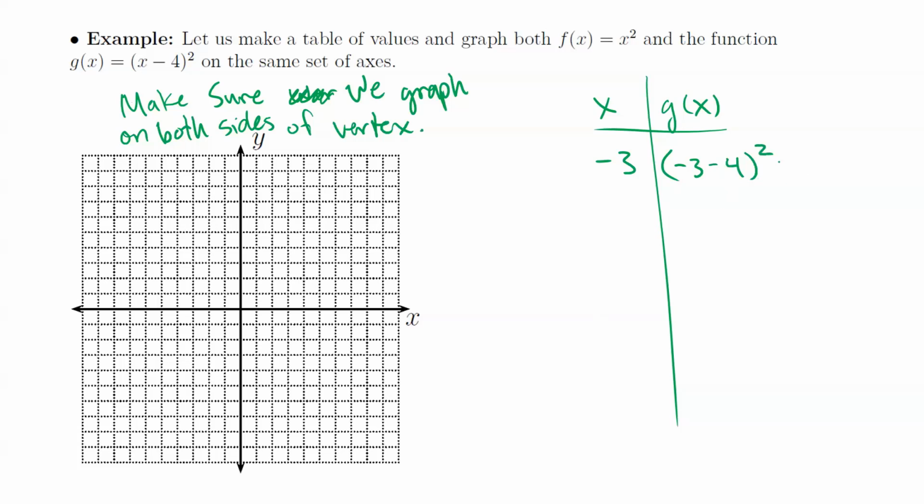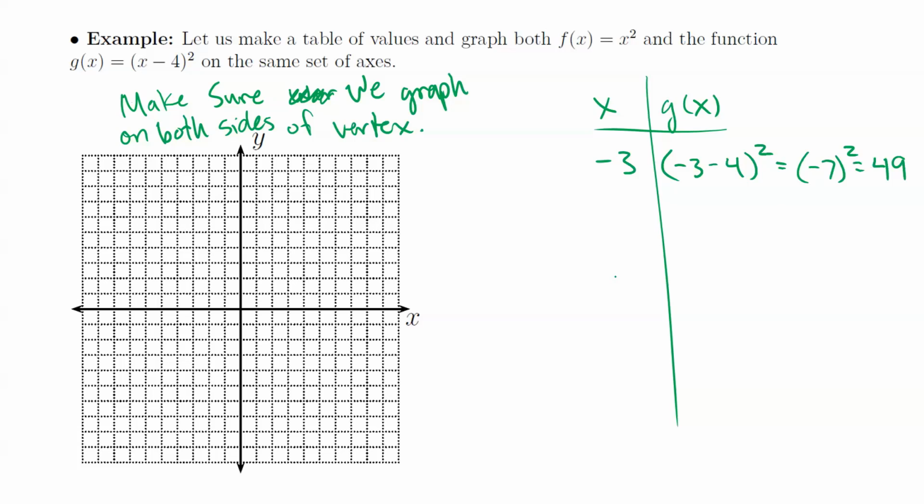So -3 minus 4 squared. Hmm. -7 squared is 49. Well, that isn't going to work very well in terms of being able to make an accurate sketch on this graph. So I'm probably not going to bother with -2 either, because that's going to also give me a fairly large number to square.